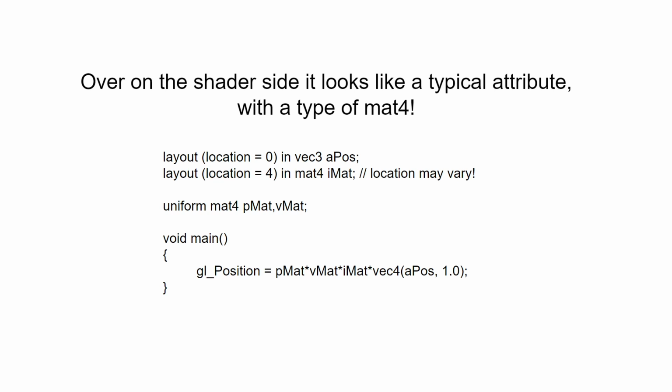So I've got those reserved, and I just say, okay, location 4 is this new instance matrix. And it's as simple as saying, instead of using a model matrix here, I use my IMAT, which now uses this, instead of, say, a uniform mat4, which was MMAT, right? So that part is really, really simple.